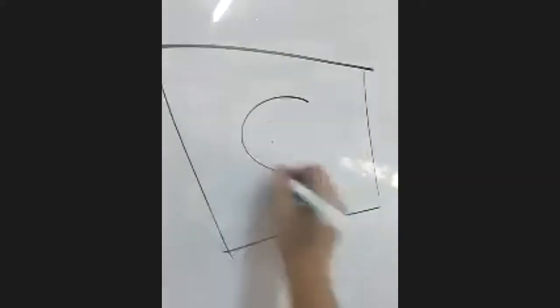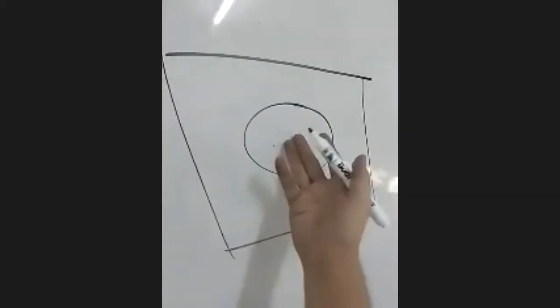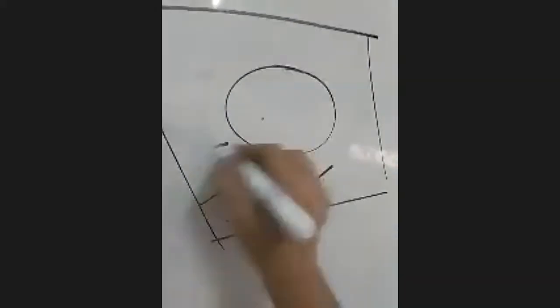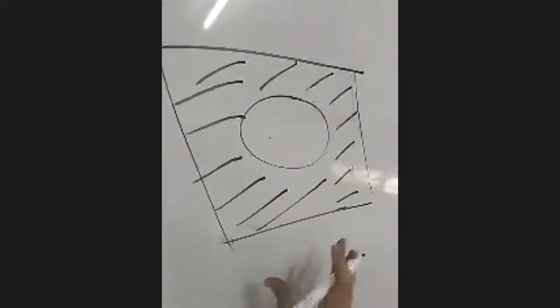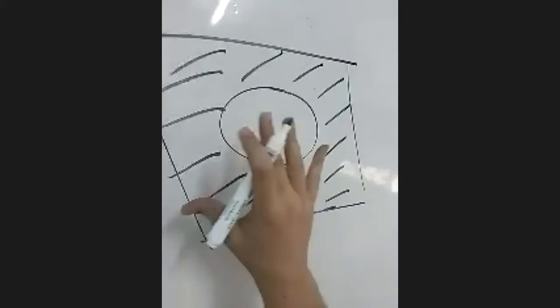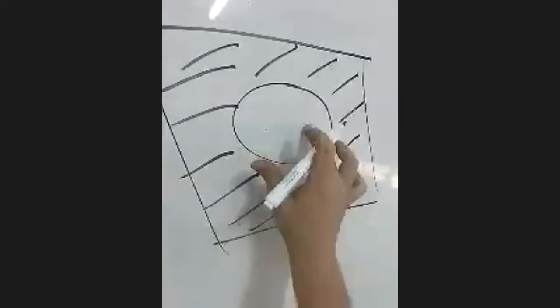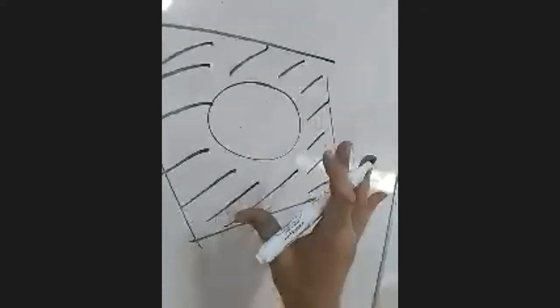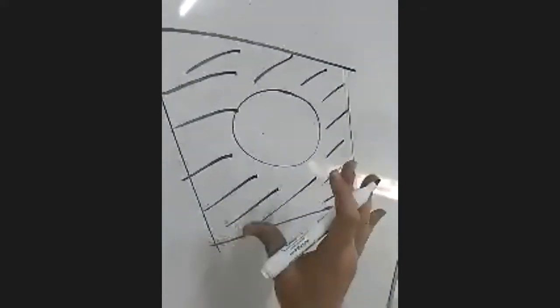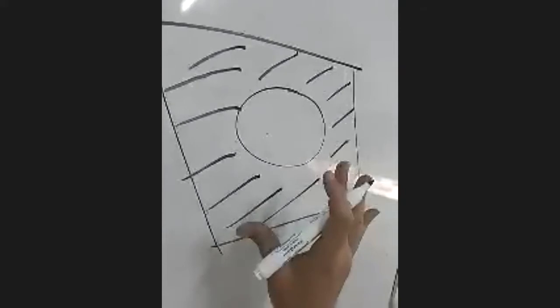But in areas in general, guys, if we have a whole area like this one, and inside it I have something I don't want, I want the shaded area around it. So what I will do here, guys, I will find the whole area, then subtract the part which I don't want in my question.